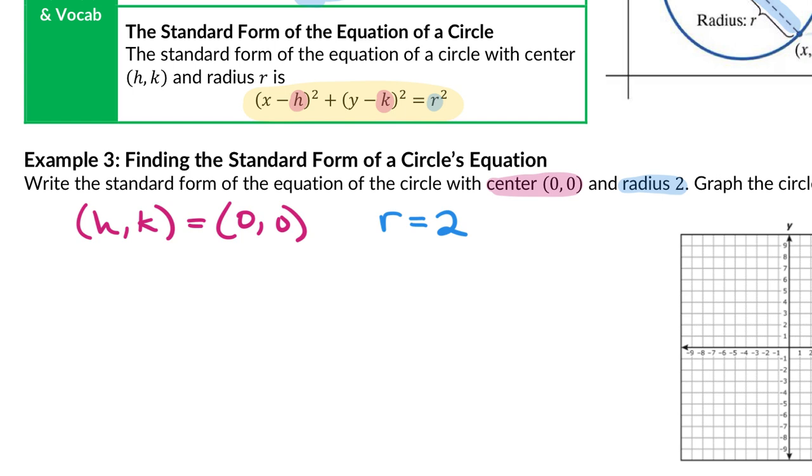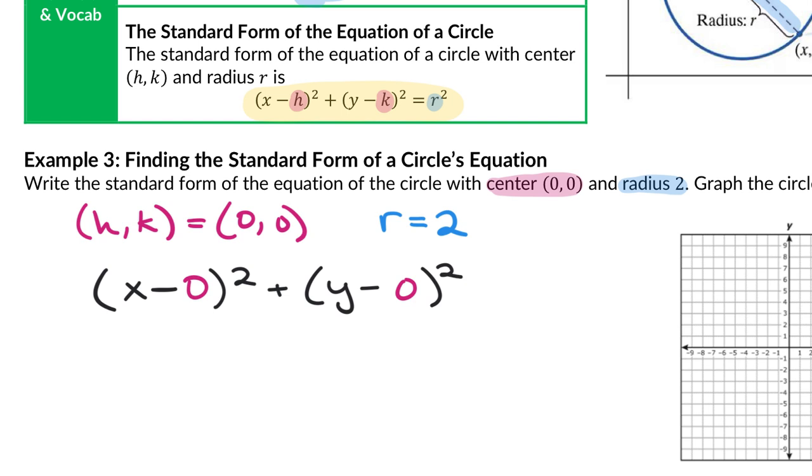So if I start filling in the yellow formula using those pink and blue numbers, this is going to be x minus 0 squared plus y minus 0 squared equal to 2 squared. Notice everything's squared, yes?